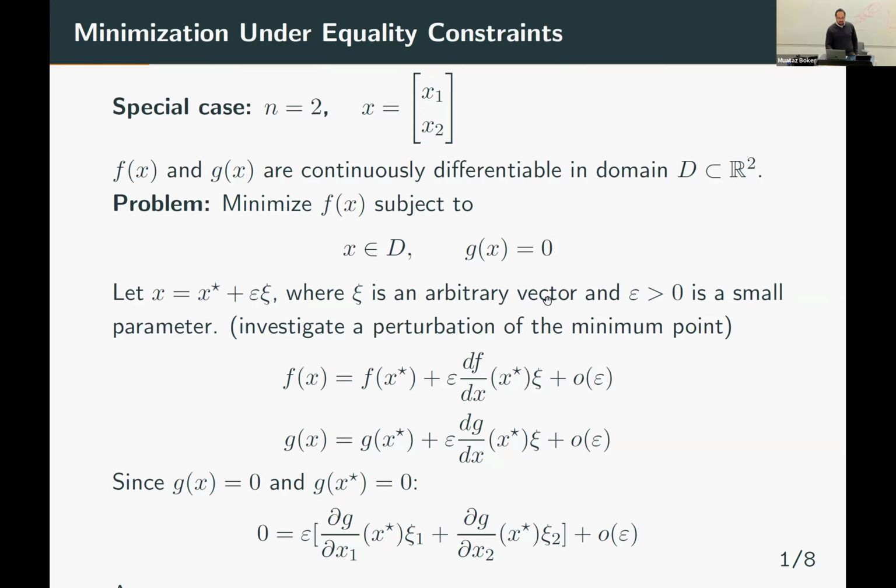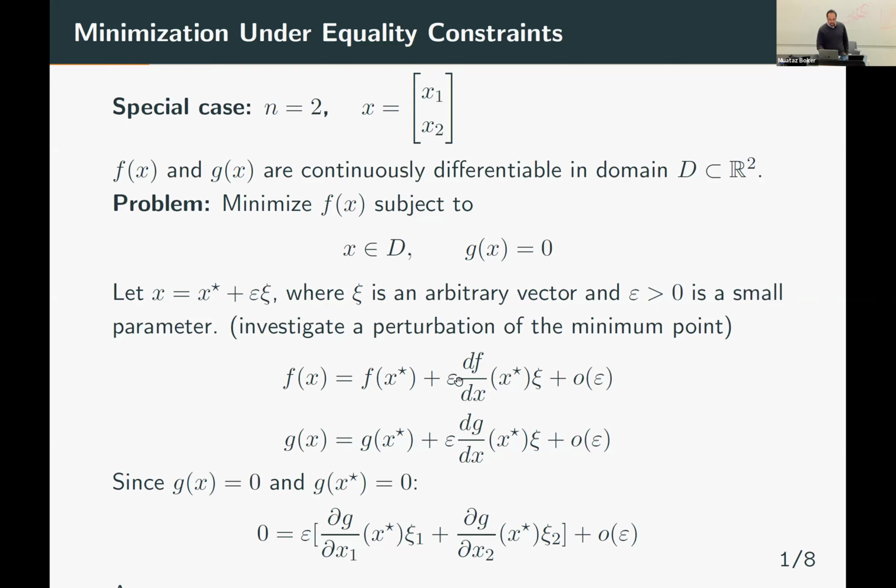C is an arbitrary vector, right? You cannot add a variable to a vector; you have to add a vector to a vector, okay? So I'm adding an arbitrary small perturbation vector to x star. All right, so now we want to investigate the perturbation of this minimum point.